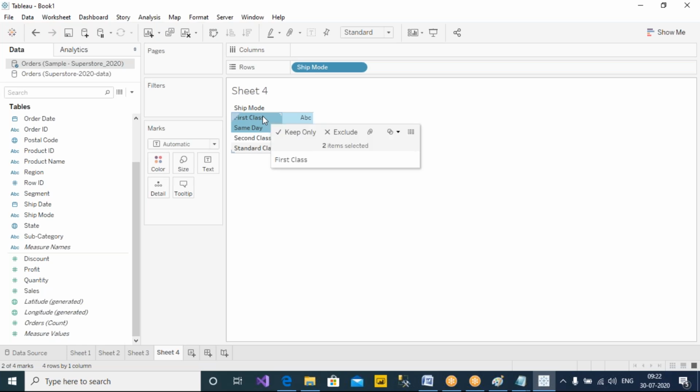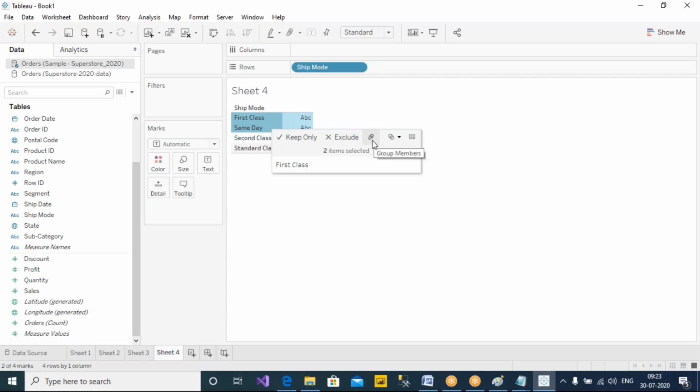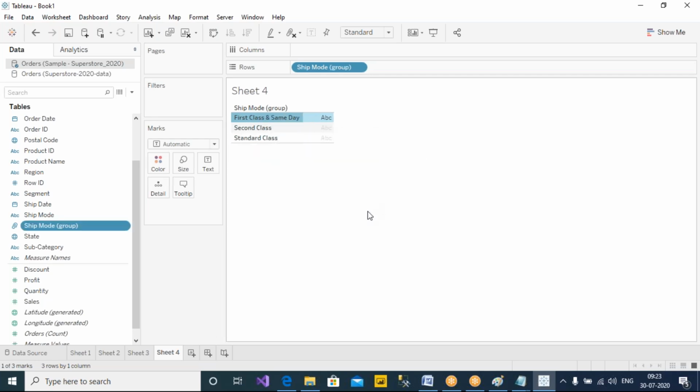All right, let's see how to create a group. Observe there is a paperclip here. You can see a paperclip, isn't it? So let's create a group by clicking on this paperclip icon.